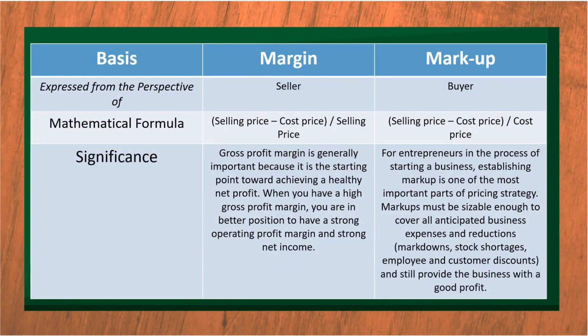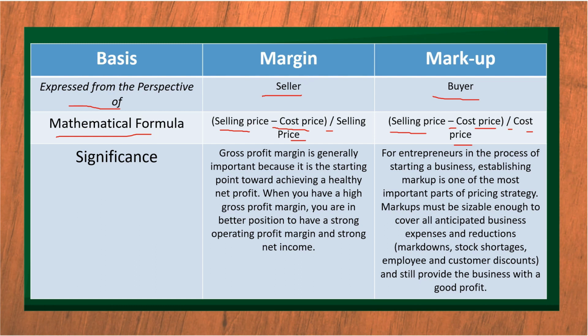Basis expressed from the perspective of: in margin, seller; in markup, buyer. Basis for mathematical formula. In margin, open and close parentheses, selling price minus cost price divided by the selling price. In markup, open and close parentheses, selling price minus cost price divided by the cost price.